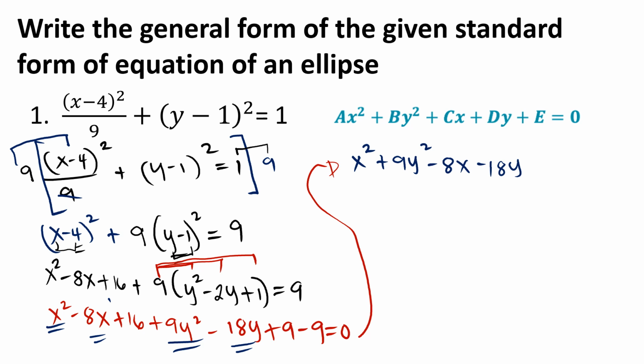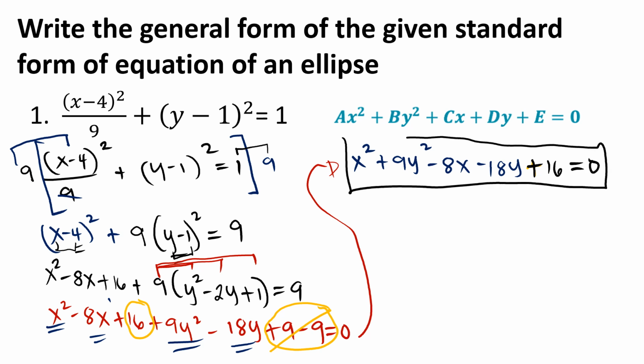Our constants are the 16, the 9, and the negative 9. The negative 9 and the positive 9 will give us 0, so the remaining constant is positive 16. And so far, this is already the general form of the given standard form.